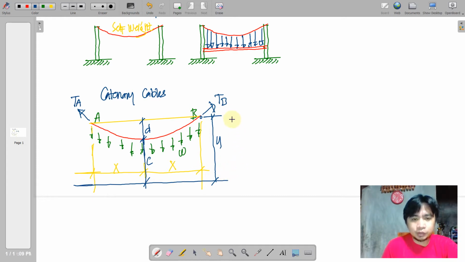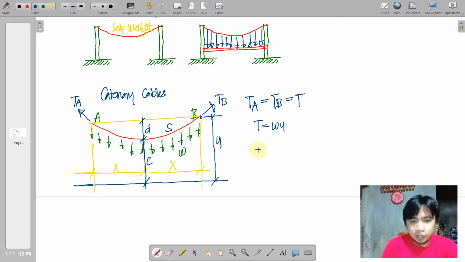From the tension, we can say that TA and TB are equal if this is just a symmetrical catenary cable. So we can equate that into a single variable T, and this T shall be equal to the self-weight of the cable times y. Then to relate the dimensions c and y, we need to label our cable length here.